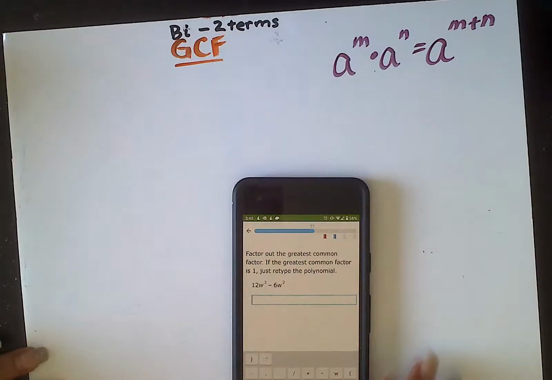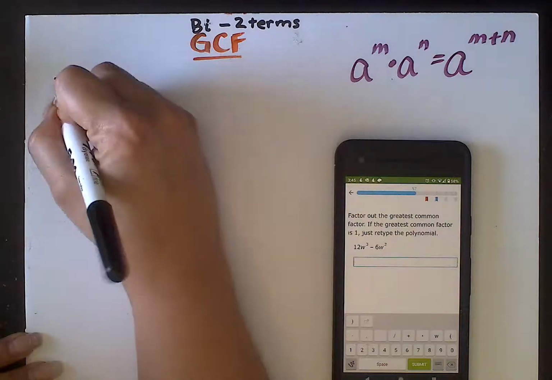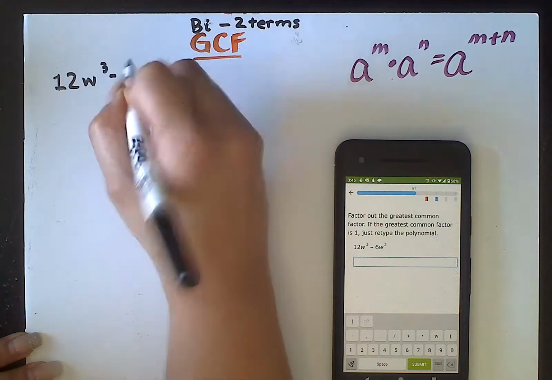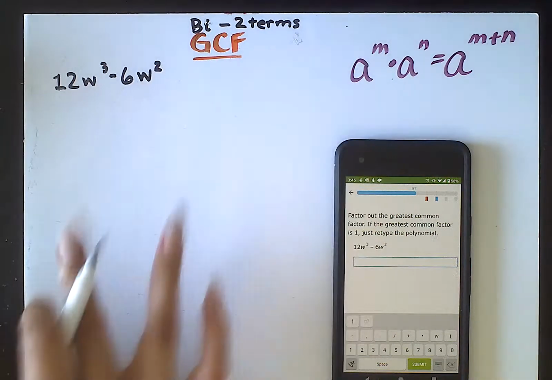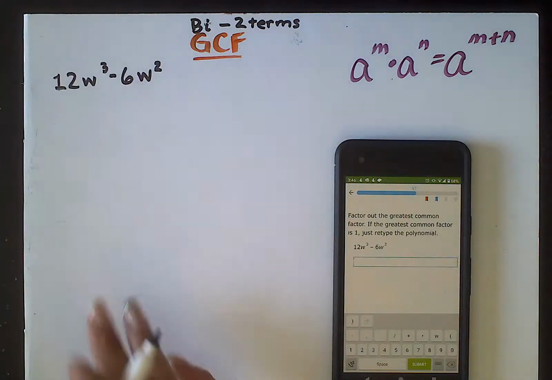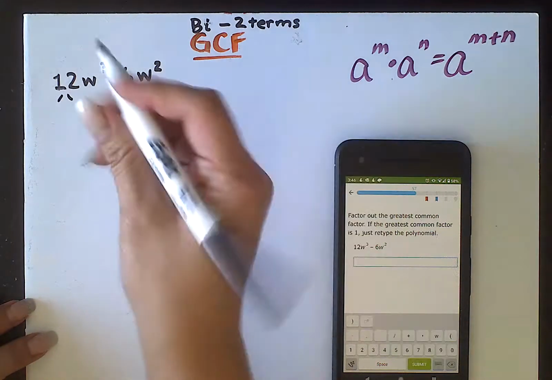There we go. Okay, so trying to get it to look straight. Let's move on to 12w cubed minus 6w squared. Now, this one's getting a little bit more difficult. We have a couple more variables on both sides. So let's break down, because I have 2 composites here.